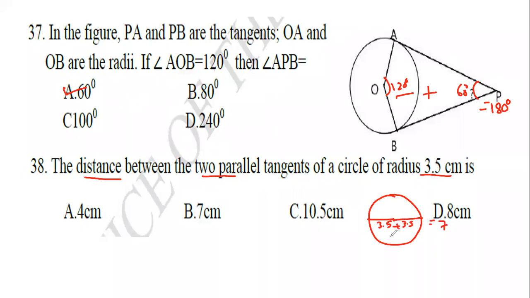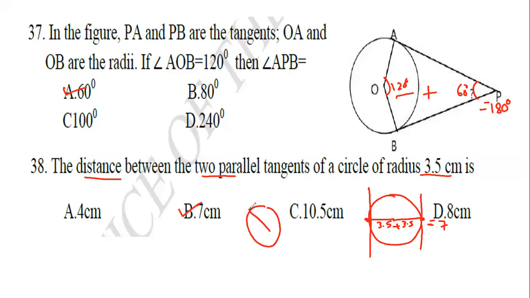Now draw the two parallel tangents. What is the distance between this point and this point? Just now we got it is equal to 7. The distance between two parallel tangents is 7 centimeter. So which option is right? Option B is correct.